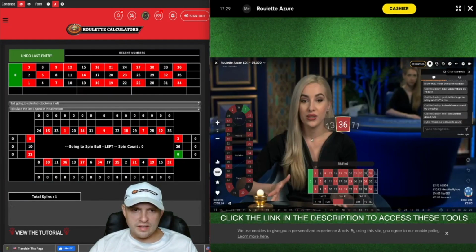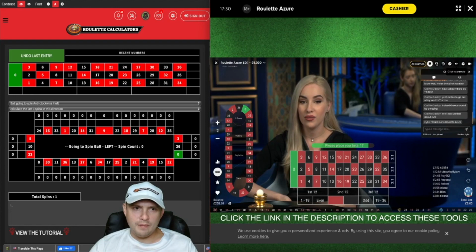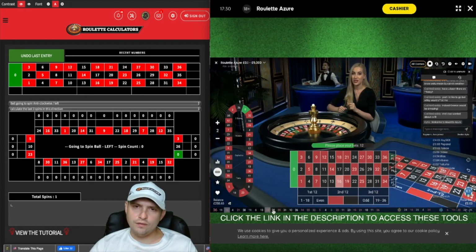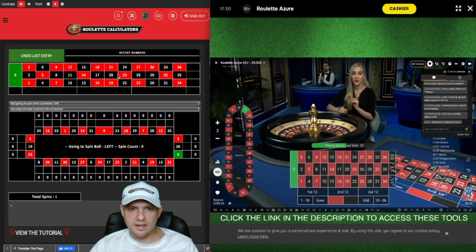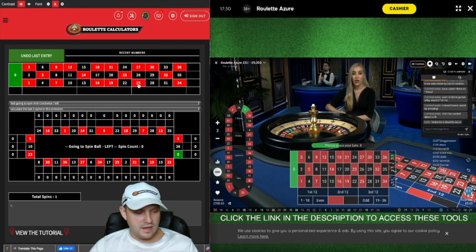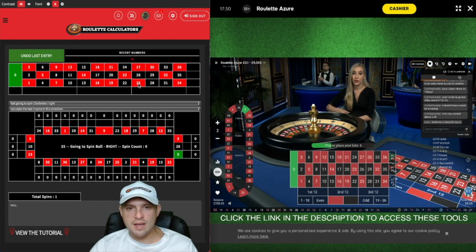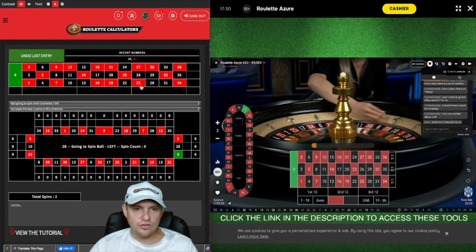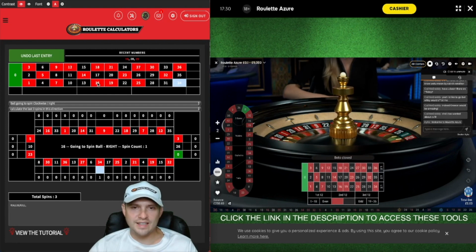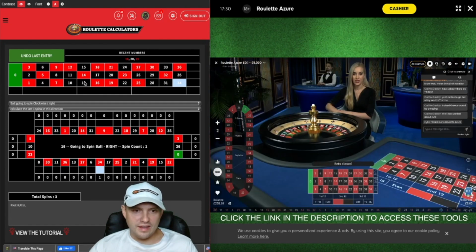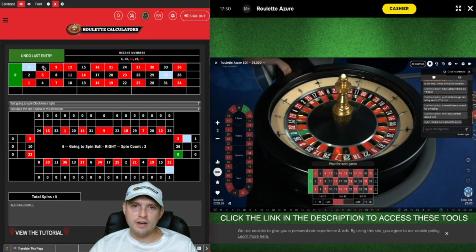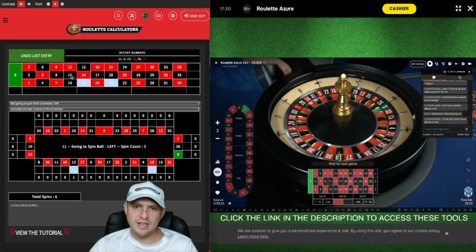All I'm going to do is start logging the dealer's information. I've already got the calculator set up to track the last 15 spins in that particular direction, and of course we're on a multi-direction table. If we're using a single direction table, we would simply click on the dealer tracker one direction. If you're not familiar with my previous session when we did this, you should check that out.